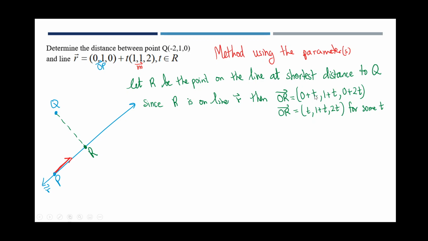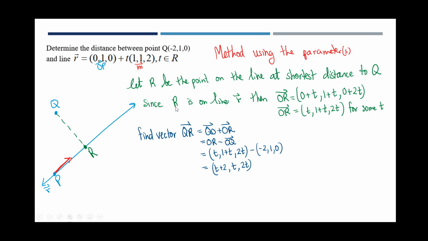The way I created this component form is I've taken 0 plus 1 times t as the first component, then the y component would be 1 plus 1 times t, and so on. After you've created an expression for the position vector OR, which looks very similar in its notation to the point itself R, what you want to do is find the vector QR.